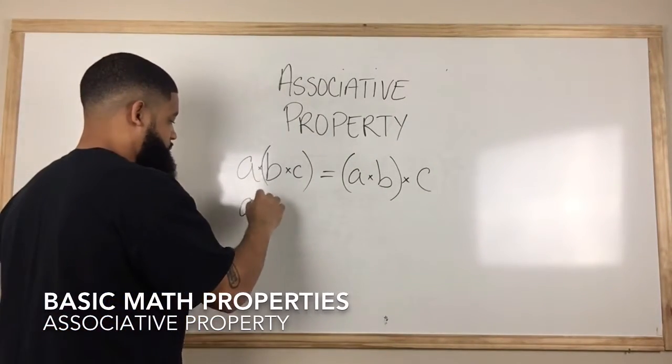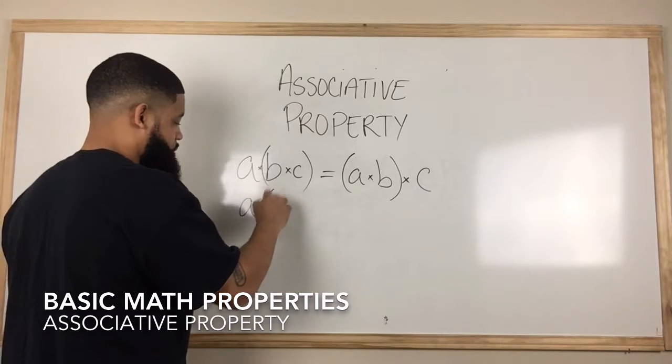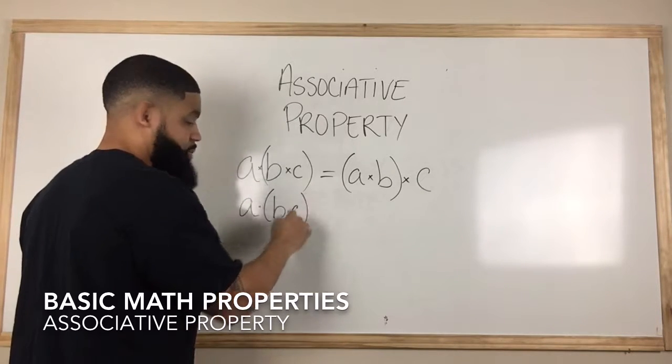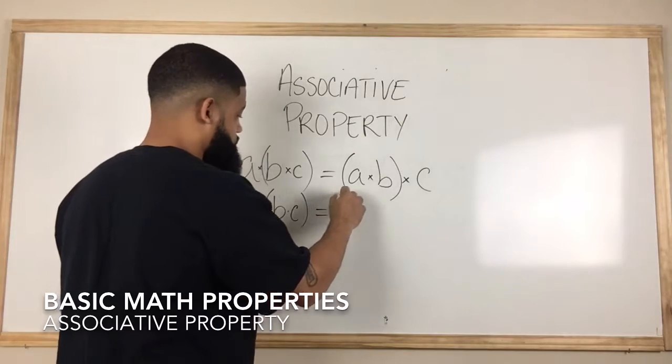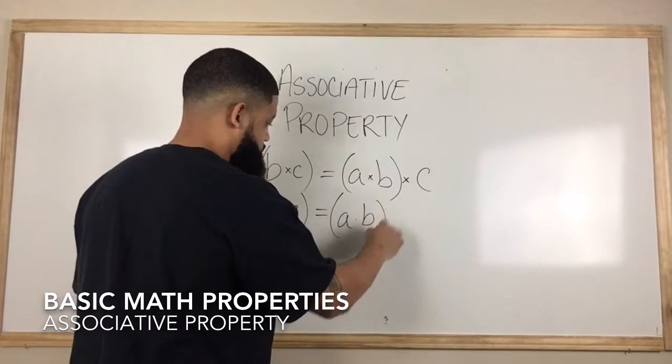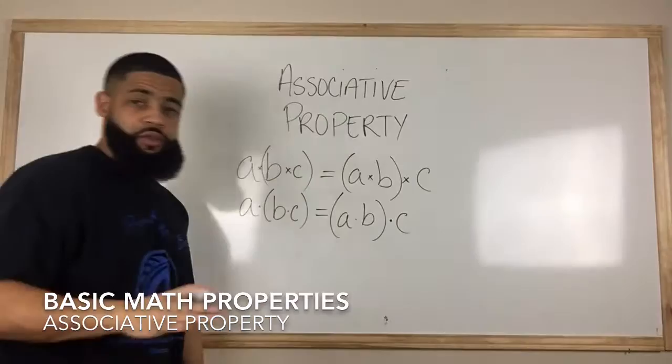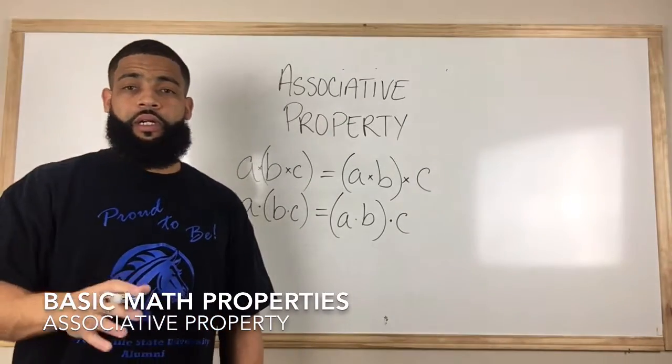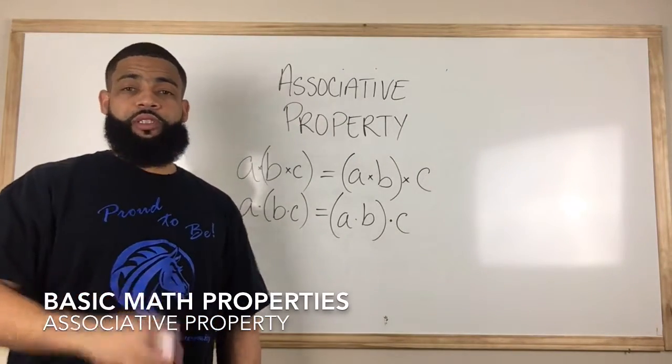And so I have A times B times C is equal to A times B times C. There are several other ways that we can write the algebraic form of multiplication, but we'll keep this one.